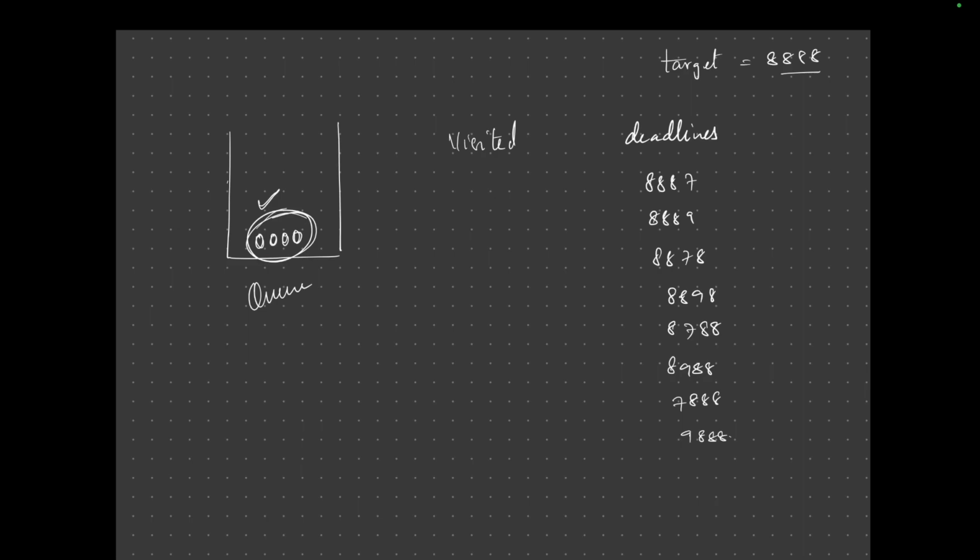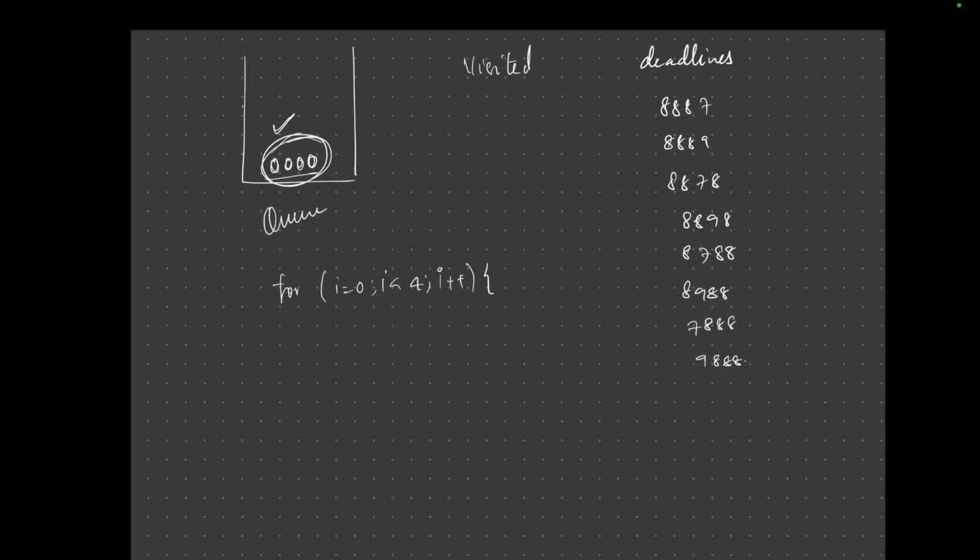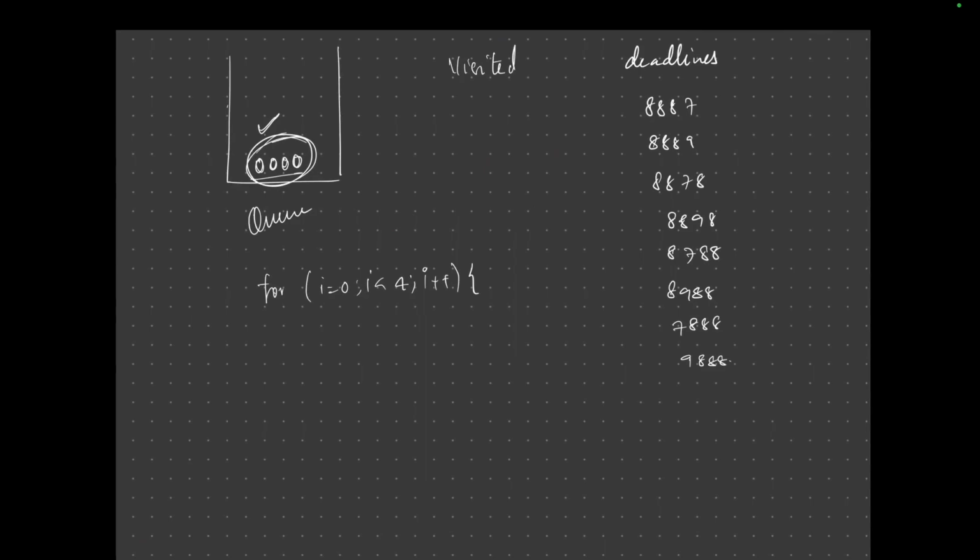Now what will I do? I'll take this particular combination with a length of 4, and I need to choose one particular digit, right? So for i plus plus, I'll check a particular instance. Out of all of this, I'll choose the first index. I want to move from right to left in serial order.